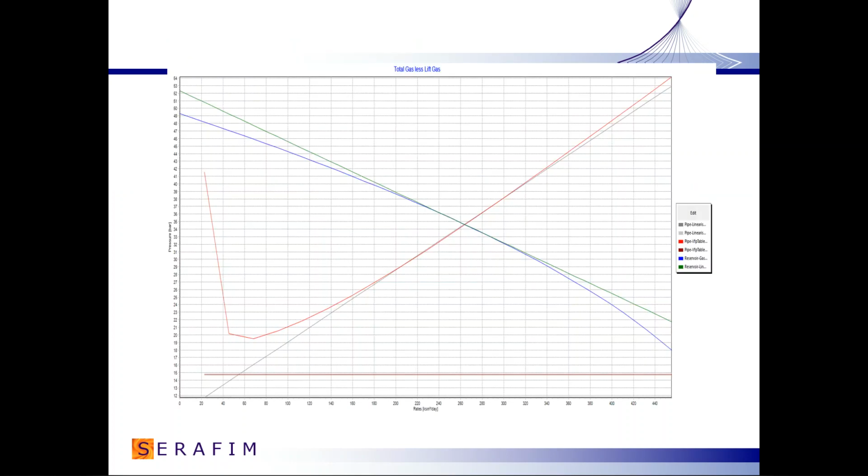Here is an example of the inflow performance and tubing performance. The blue is the reservoir inflow.